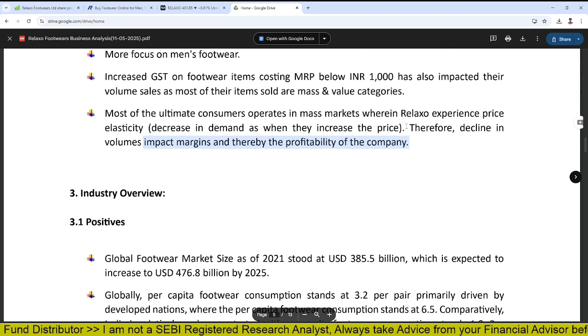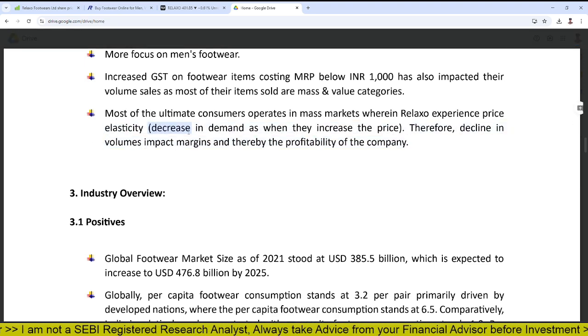What do you mean by price elasticity? Price elasticity means demand decreases when they increase the price. That means if I am increasing my product's price, then automatically demand will be decreasing. So this is called price elasticity.